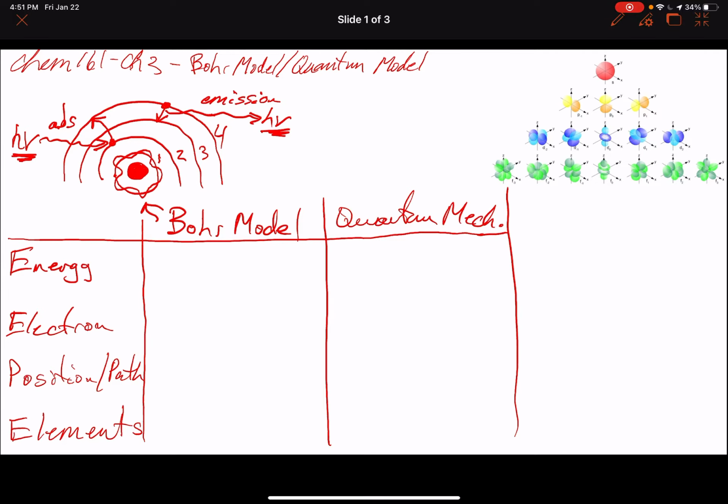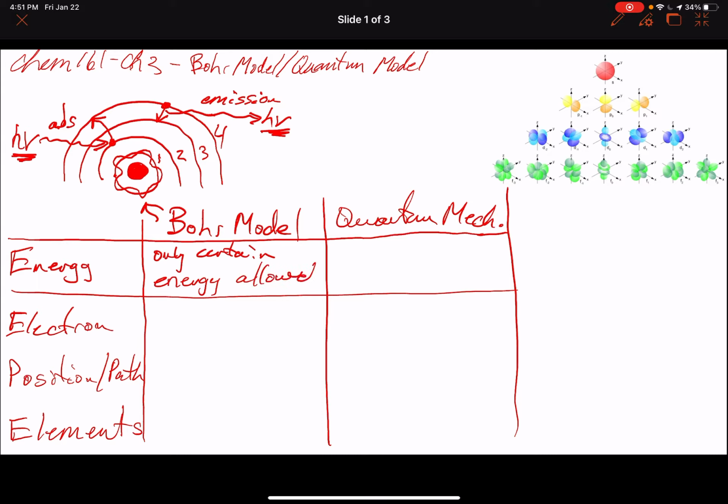Okay, so quantum mechanics. In the first category, we know that only certain energies are allowed, and the Rydberg calculation told us that.